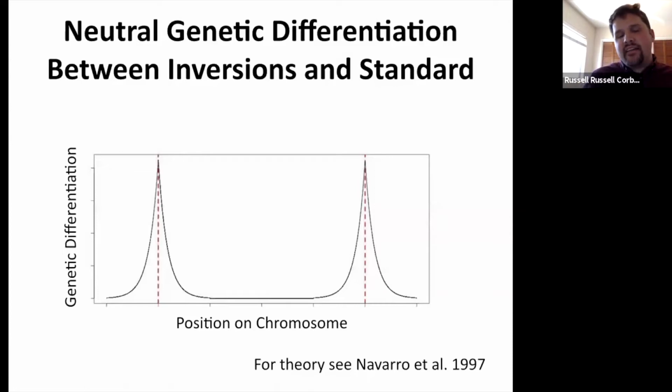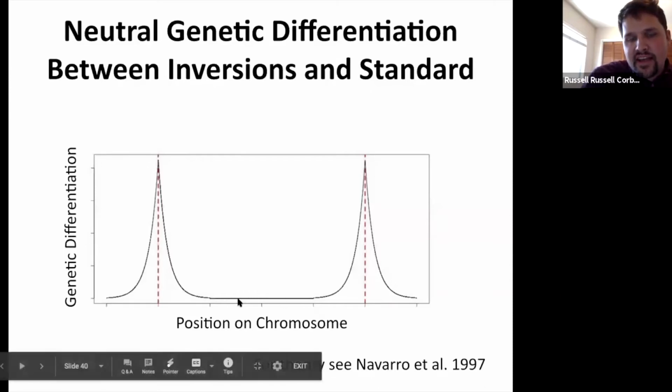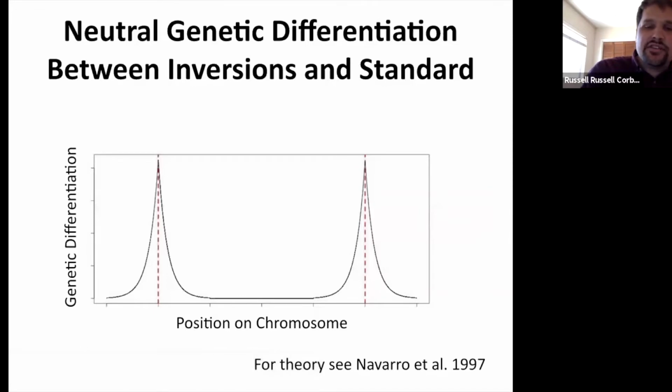And the reason for that is because recombination is the most strongly suppressed right at the breakpoint because there is no pairing. The chromosomes can't find each other during meiosis. In contrast, as you go away from the breakpoints, you'll get occasional recombination events that do shuffle the arrangement such that genetic differentiation going outside of the inversion and toward the center of the inversion decreases down to 0 at some point.